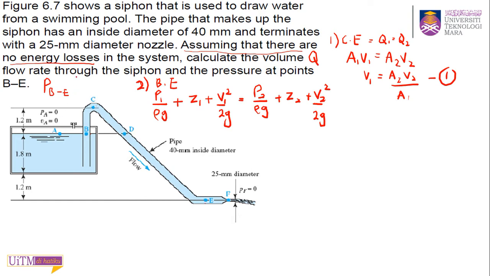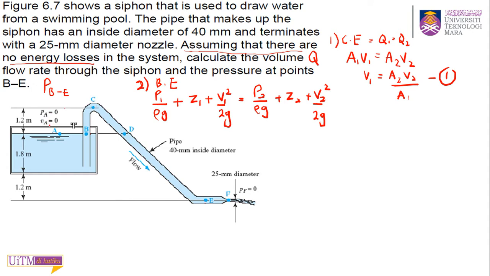And the pressure at point A, because it is open to atmosphere, we also consider the pressure at point A is 0. So in this case they already gave you the information, PA equals 0 and the velocity also 0. If they didn't give you this information, you need to know it by yourself.